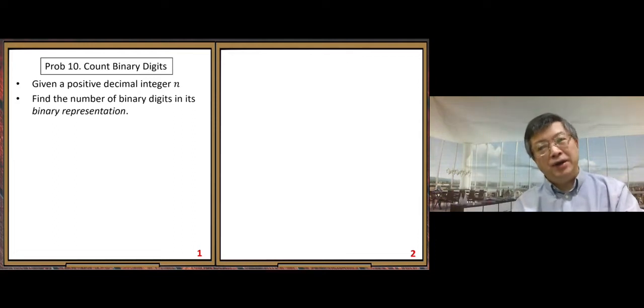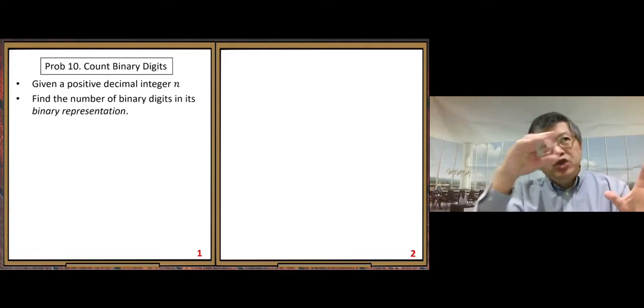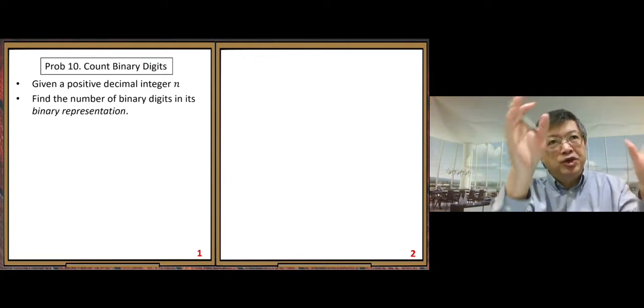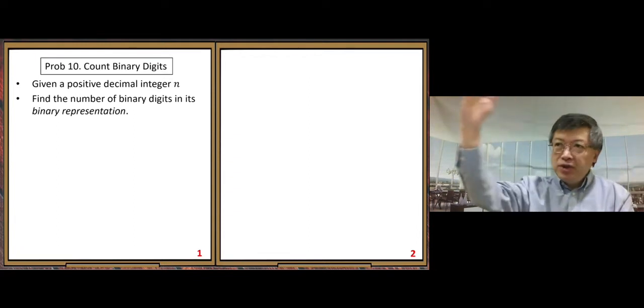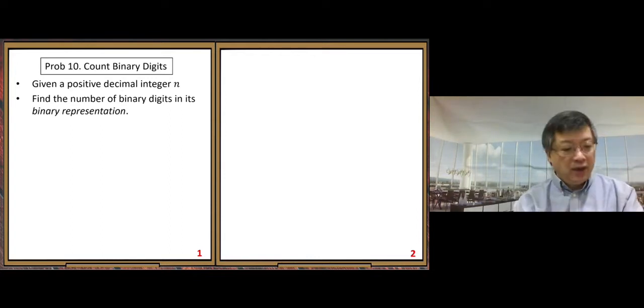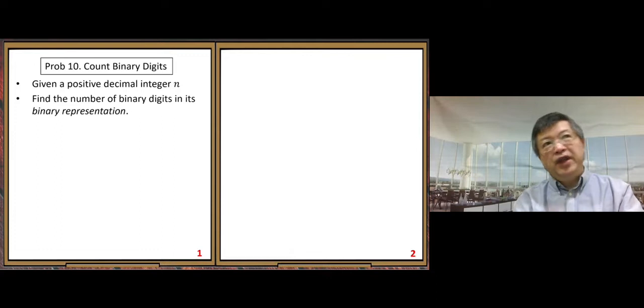So now you can see we switch between two different number systems, the decimal system and the binary system. I think you have the basic knowledge of changing between these two systems.